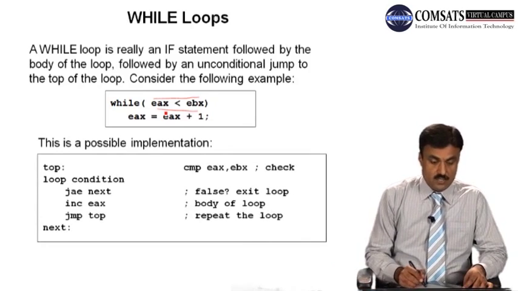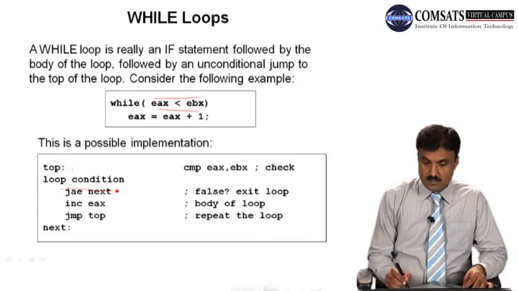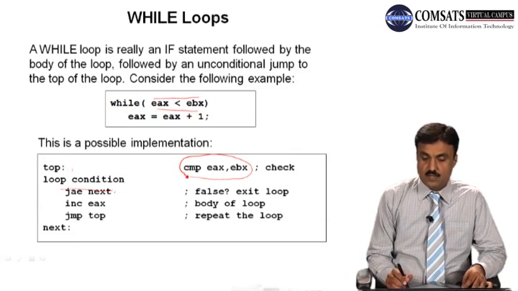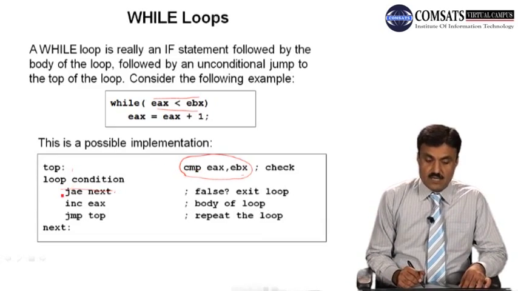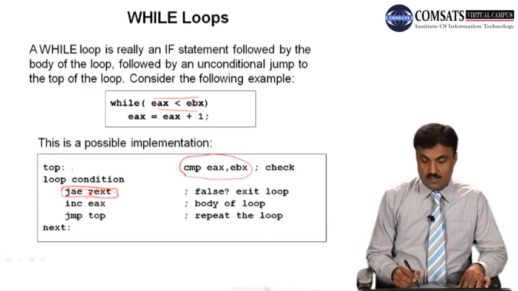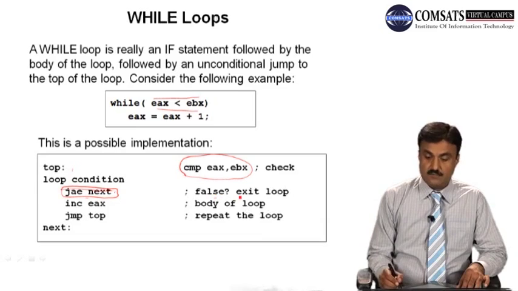So this is the loop condition. Here we compare EAX and EBX and check the loop condition, whether EAX is greater than or less than EBX. First we compare, then we assign the condition for the jump. If jump above or equal, meaning the condition is false, then exit from the loop.